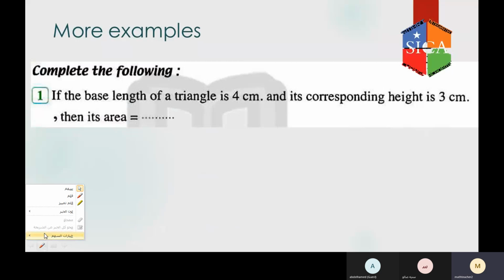The area of the triangle equals half times the base length, which is 4, times its height, which is 3. That equals half times 4, which is 2, times 3, equals 6 square centimeters.